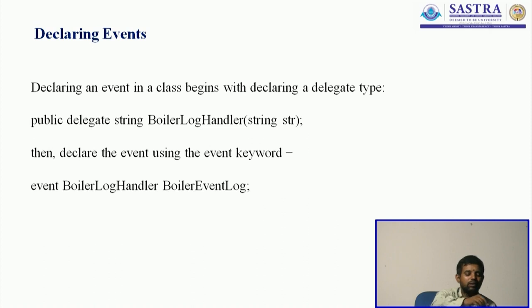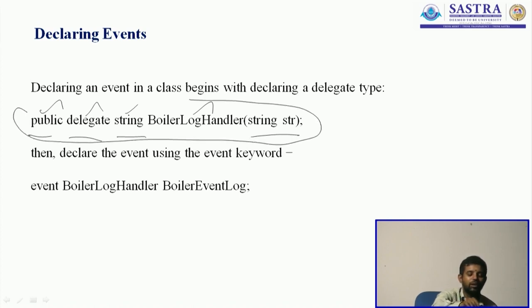How is it done? Public delegate string: access specifier, delegate keyword, return type, then the delegate name, followed by the argument list. This is very familiar to us since we have seen various examples of it.